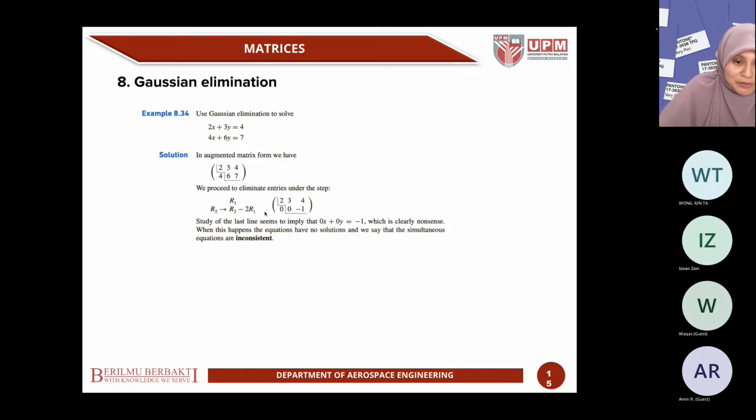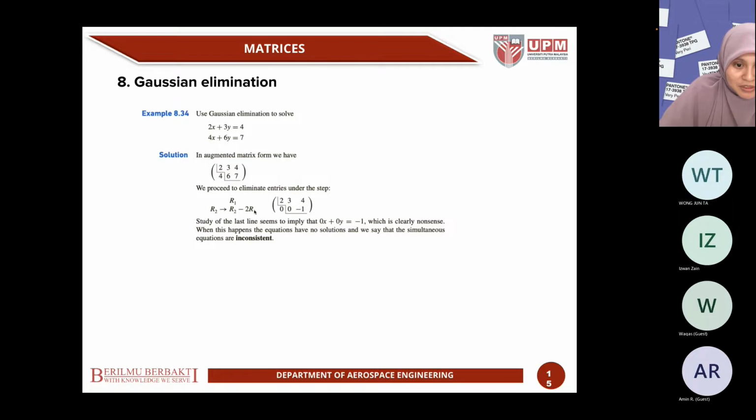For example, we first try to eliminate this component, 4. Looking back at the equation, 4 can be eliminated by taking the second row minus 2 times the first row. 4 minus 2 times 2 is 4 minus 4, so we get 0.